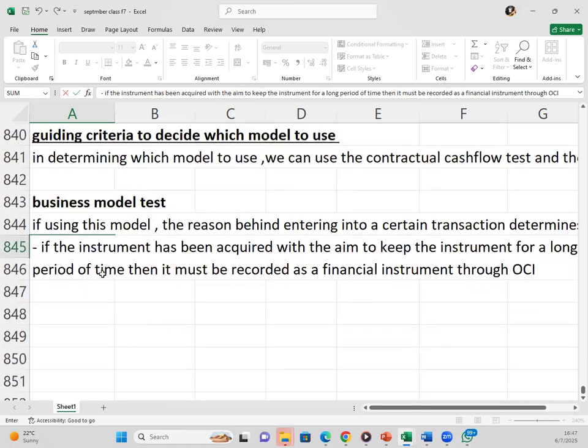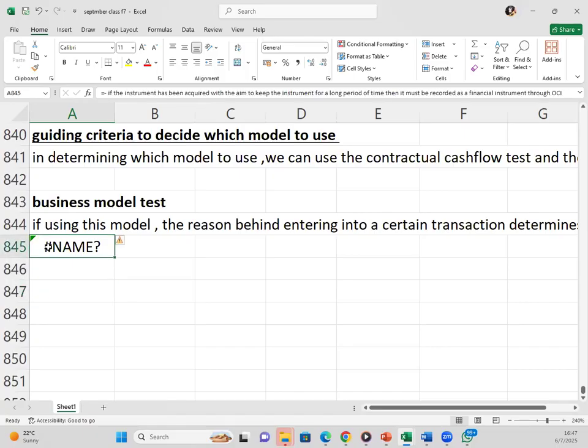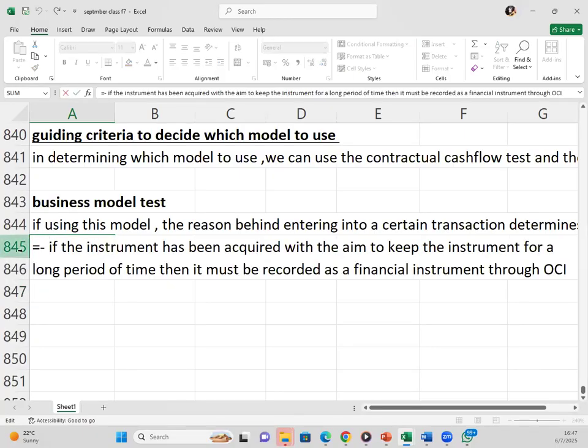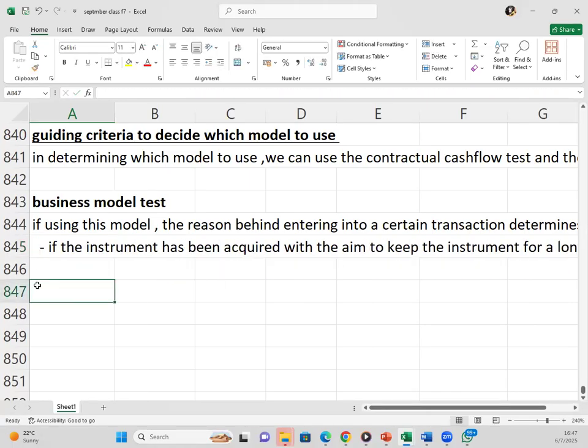But in some cases, we can buy an instrument simply so that we take advantage of the gain in the value. So you can remember, shares can fluctuate in value. Those that are in the business of shares can buy the shares when the prices are low and sell them when the prices are high.